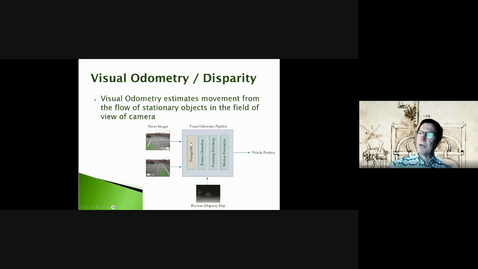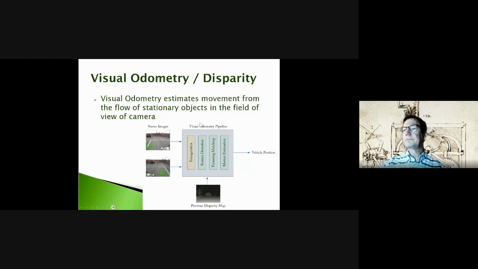But one way or another, we're doing this triangulation process. We're looking at how disparate these particular features are between the pixel locations in these two images. Things that are roughly in the same location can be perceived as farther away, whereas if they're very disparate, that's implying that they're very close, right?